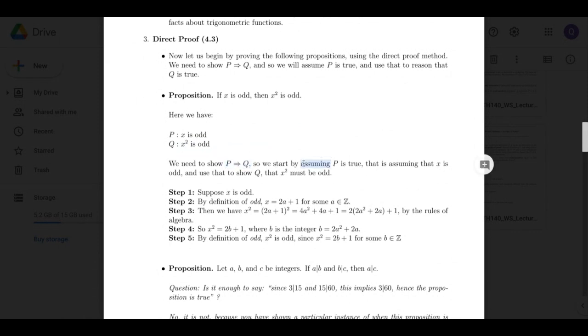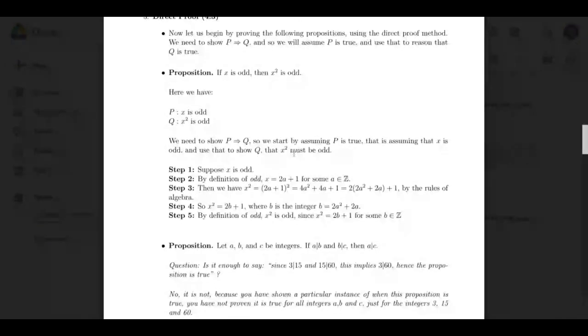So we start by assuming P. In the if part, we always assume P, and we want to prove Q is true. In this case we assume x is odd, then we prove x squared is also odd.